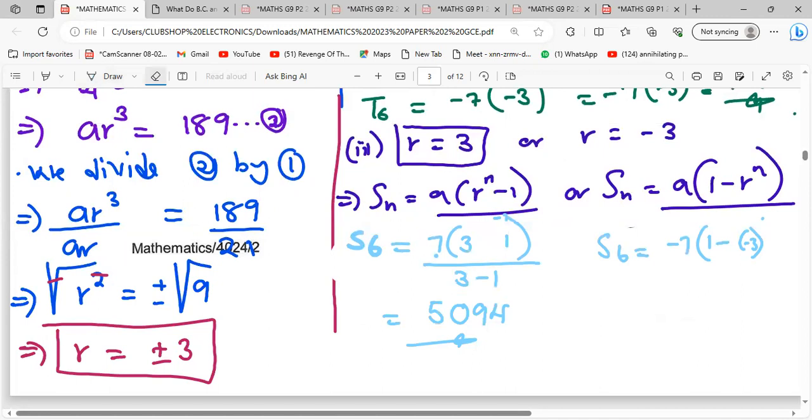It's supposed to be power 5. So here it will be power 5 minus 1. It means the answer will change. So it will say 1 minus -3. We can correct this one.